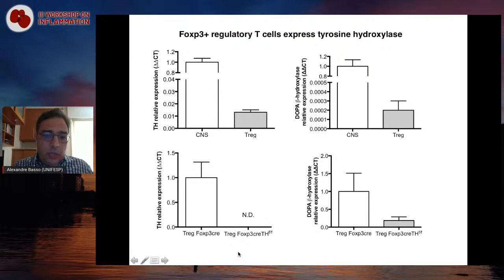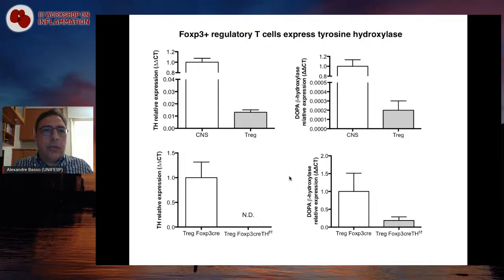And here we are showing that indeed the FOXP3 TH flox mice do not express TH, and there is also a reduction in the expression of dopamine beta hydroxylase in those animals.